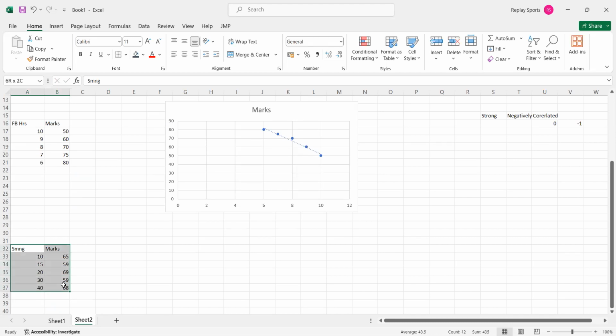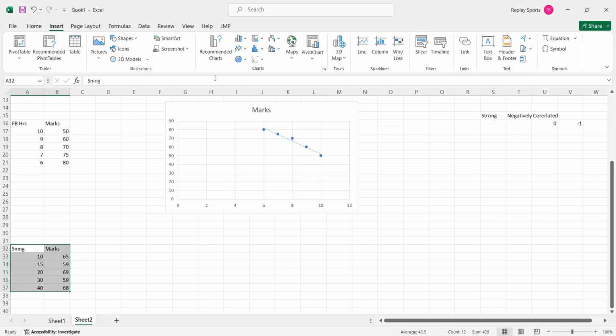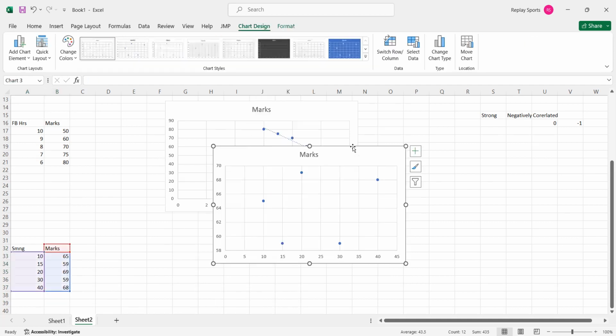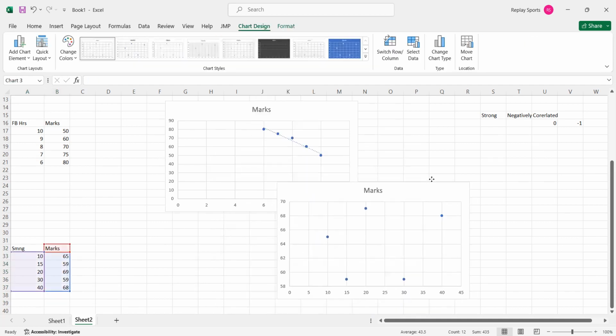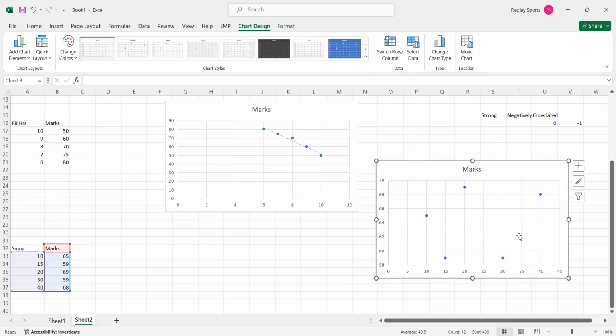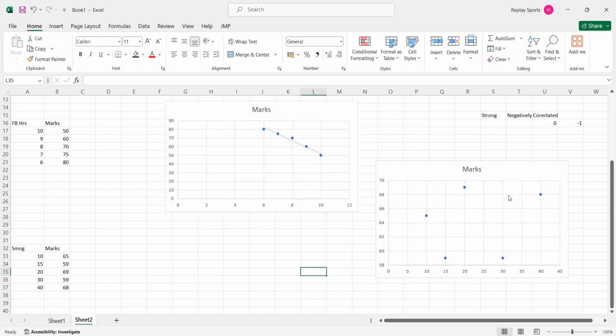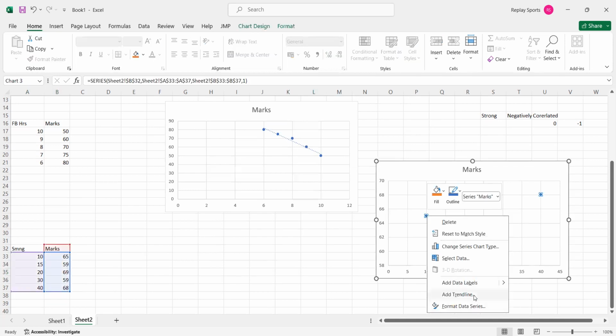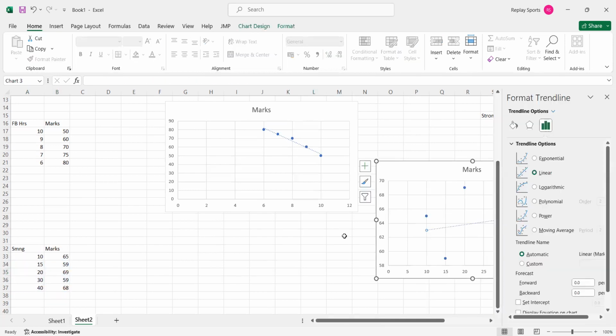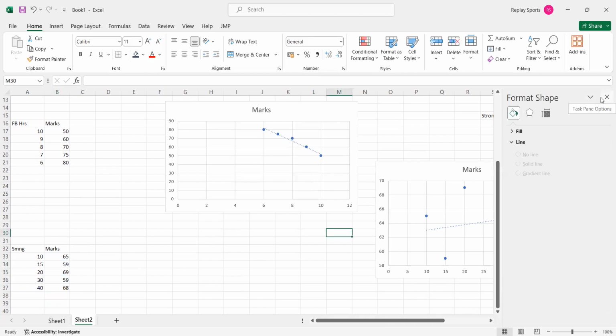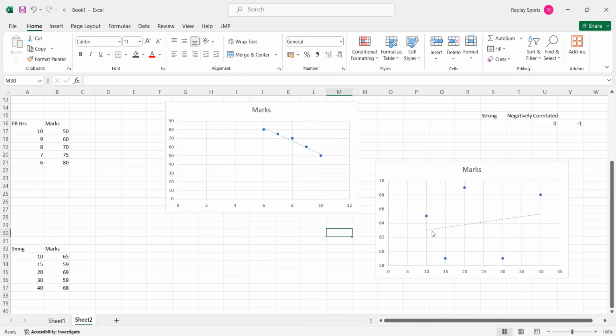Now, when you draw this graph, you see dots. Can you find any trend here? No. And if I try to get a trend line, it looks slightly positive.